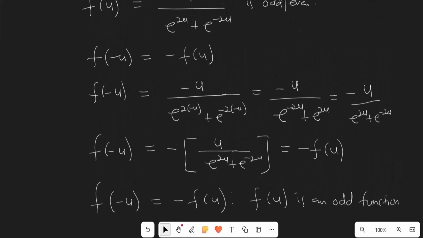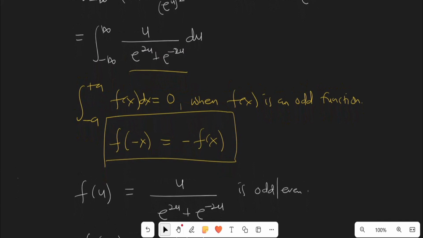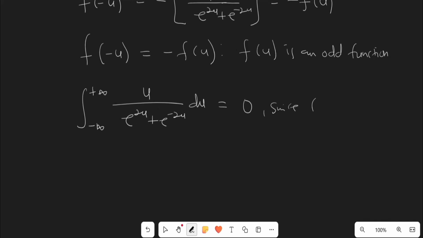So now that we have established that our function f of u is an odd function, the integral from negative infinity to positive infinity of the odd function is just going to be 0. So the integral from negative infinity to positive infinity of u all over e to the 2u plus e to the negative 2u, du, is equal to 0, since f of u is an odd function.